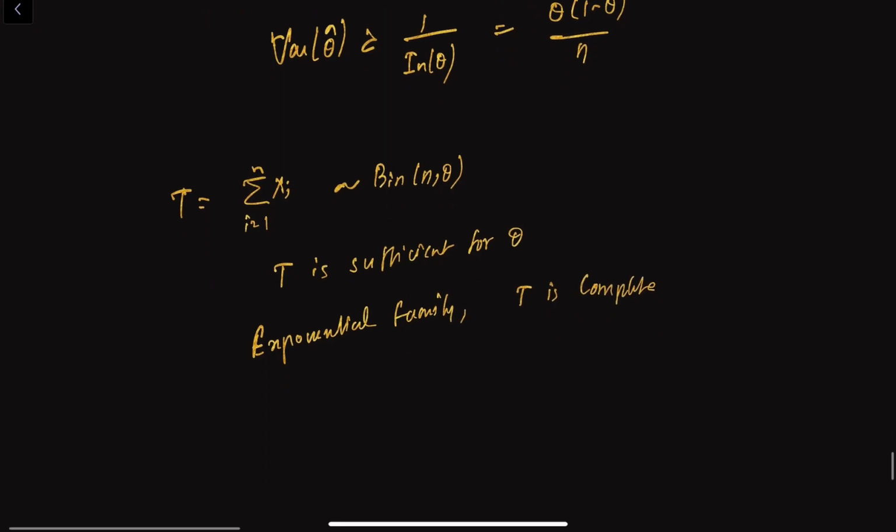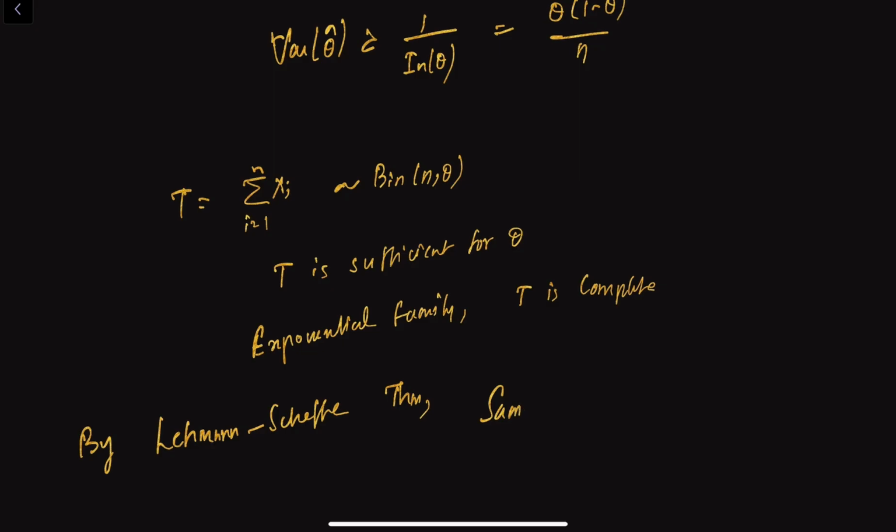So by the Lehmann-Scheffé theorem, any unbiased function of T is the unique UMVUE.